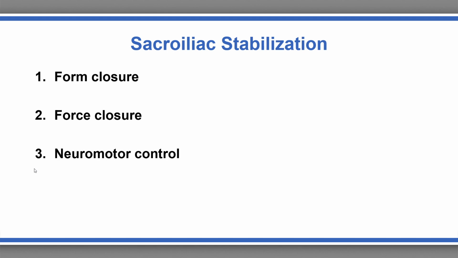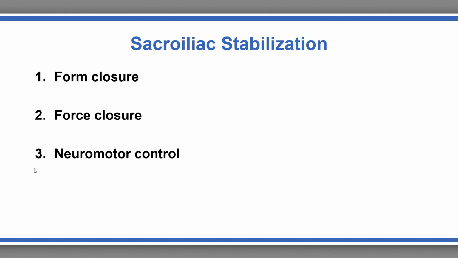Stabilization of this particular region is important for relieving pain and also transmitting force up and down the kinetic chain between the extremities and your trunk. As a result, having a good mechanical relationship within the spine, sacroiliac joints, and pelvis is important for optimal function within daily living.